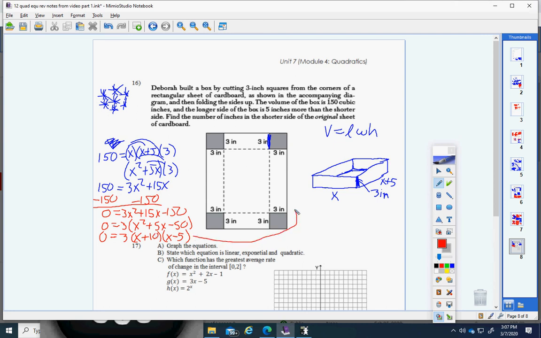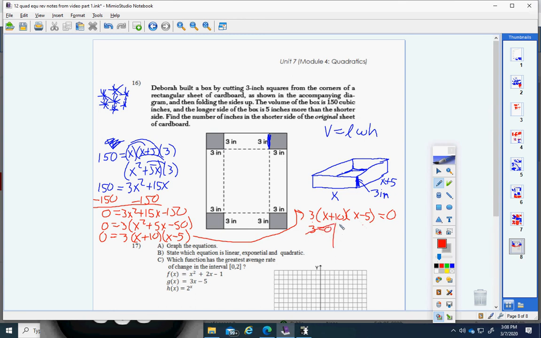I'm going to come back over here. So I have 3 times (x plus 10) times (x minus 5) equals 0. 3 factors equals 0. Does 3 equal 0?